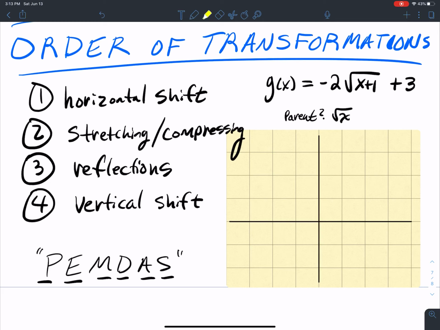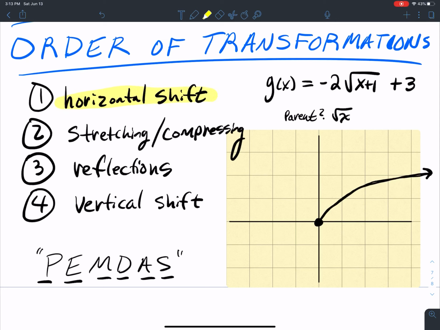How do I know? I see the square root of x in here. So the parent function looks like this. It starts at 0, 0 at the origin, and it goes out. Now, what's happening? There is a horizontal shift.